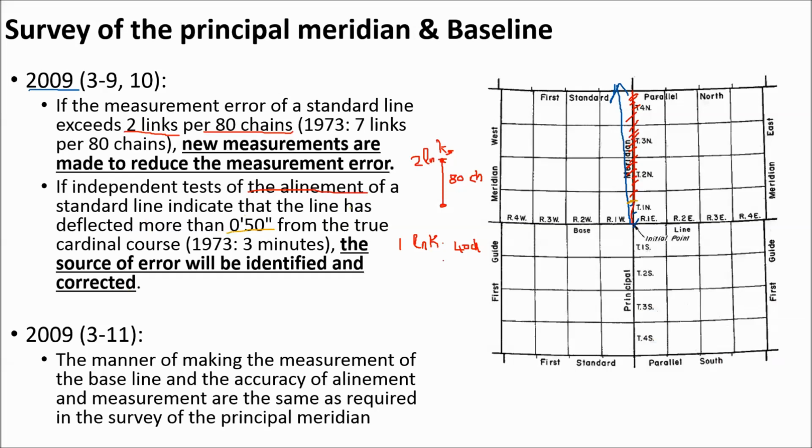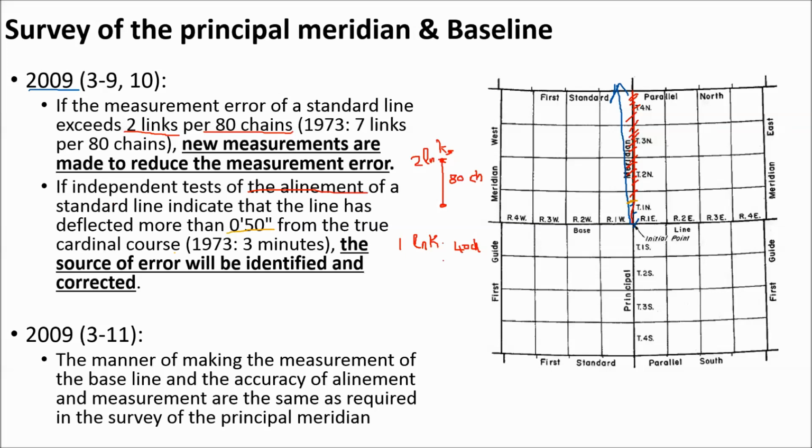So again, it's an independent test before the government approves the survey and then issues the patent. Any deflection above 50 seconds from the true meridian course has to be resurveyed.